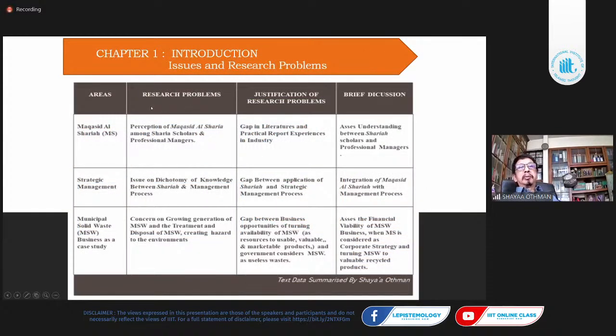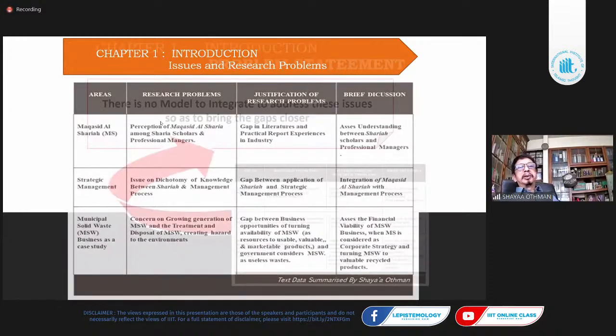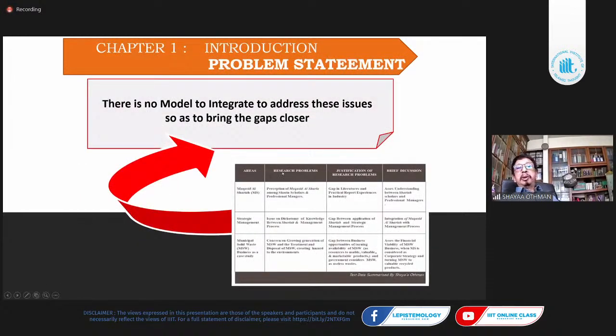You're going to talk about your research problem and so on, and then summarize all your research problem and solution in one statement. It's easy for the supervisor: you read this detail, they read this. There's no model to integrate to address this issue, so as to bring the gap closer.